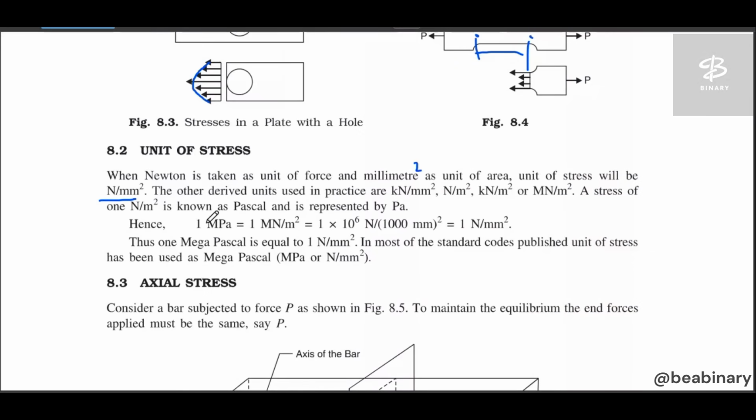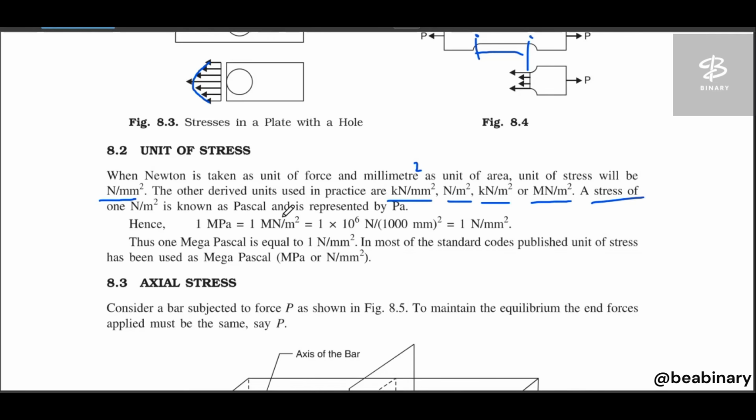In that case, Newton per mm square is the standard unit of stress. In particular cases you can also take kilonewton per mm square, Newton per meter square, kilonewton per meter square, meganewton per meter square. Okay, you can consider different types of units according to your need in problem solving.